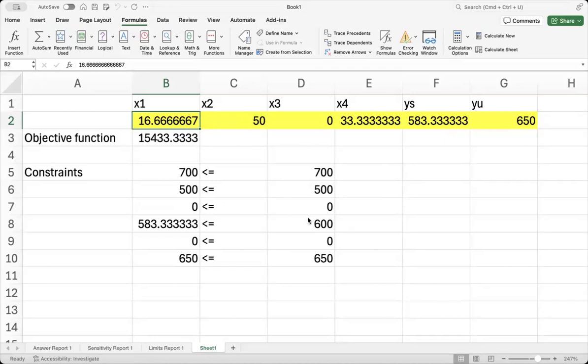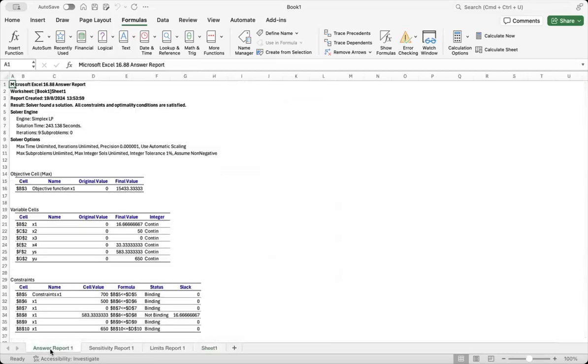We allow real numbers and then solve it again. And select all available reports: answer report, sensitivity report, and limits report. Then you will get all these reports.